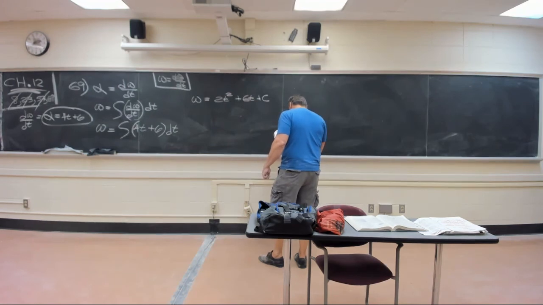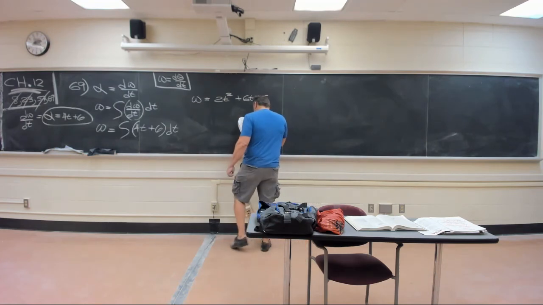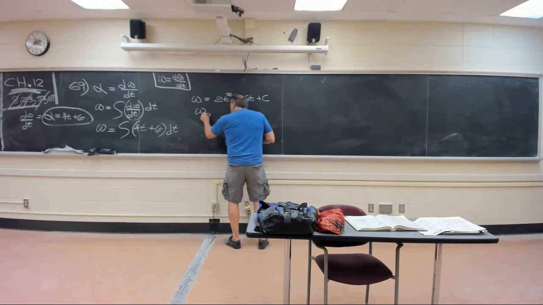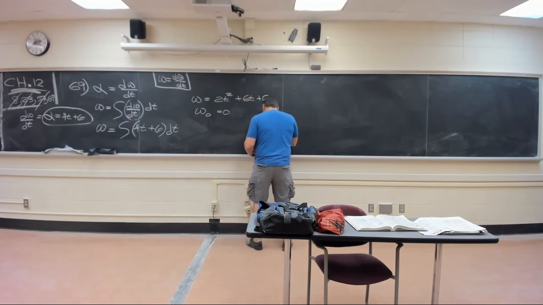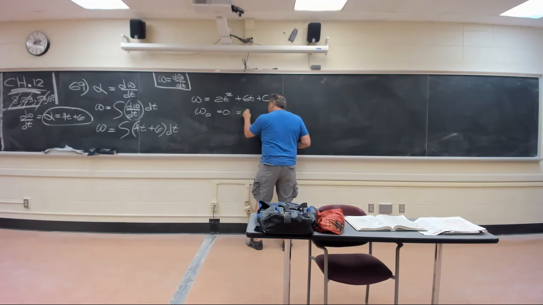Yeah, that's true. There are a number of ways you can do this. Change in speed, let me think about it, guys. It started from rest, right? If it started from rest, omega sub 0, that's omega sub i, is 0, and that's going to be equal to this.